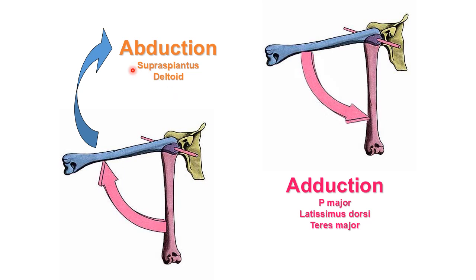Abduction: initiation of abduction is performed by supraspinatus, remember the first 15 degrees, and then proceeded by the action of deltoid up to 90 degrees. Adduction is done by pectoralis major, latissimus dorsi, and teres major.